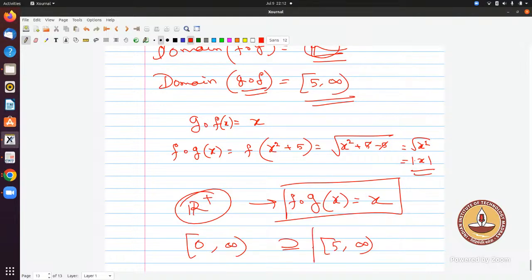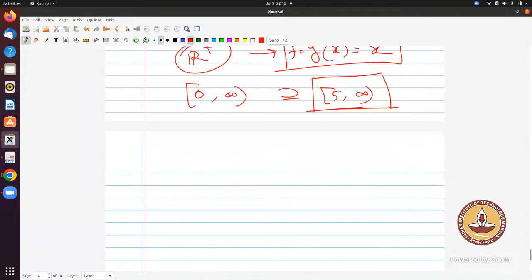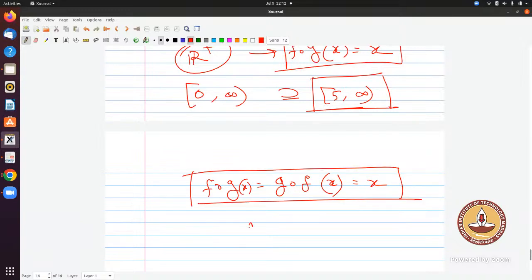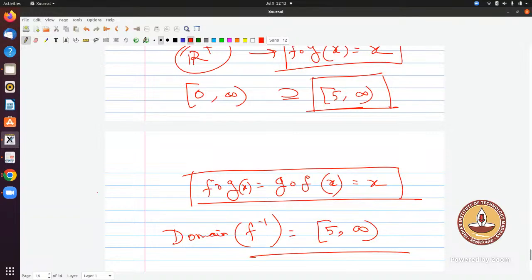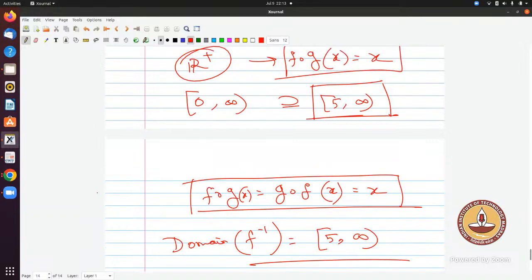So if I take the intersection of these two as my domain, then F compose G and G compose F are both equal and are nothing but X. So the domain of F inverse is nothing but 5 to infinity. Is it clear to everyone? Yes, okay. Great.